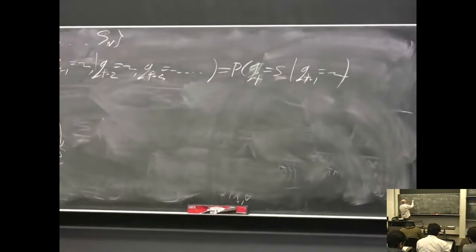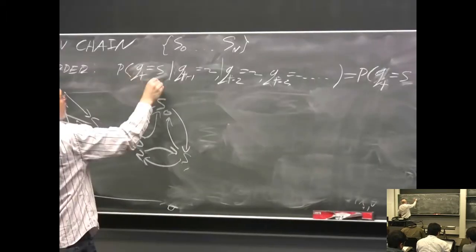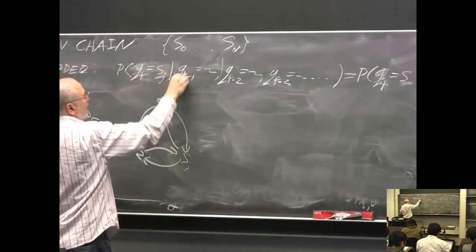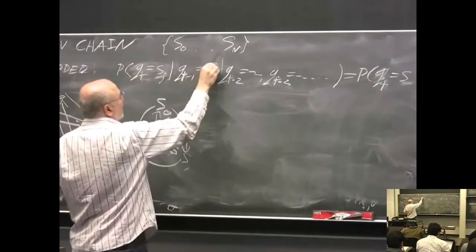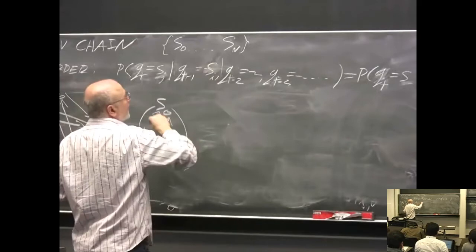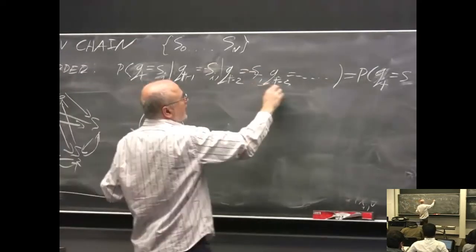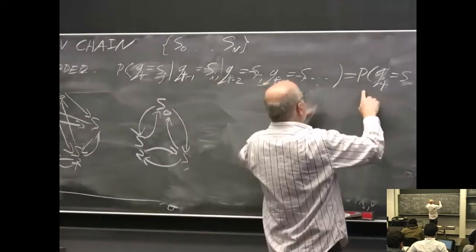I want to say that the probability that at time t, or at word t, the part of speech was sj, conditioned on the fact that at the previous time step it was si, and at the time step before that it was something else, really doesn't depend on those something elses.